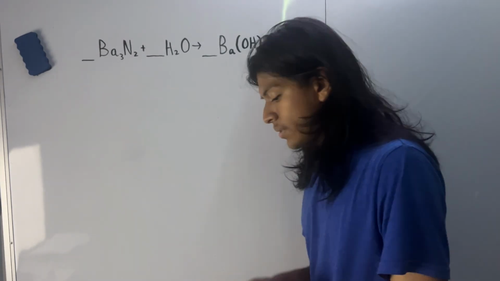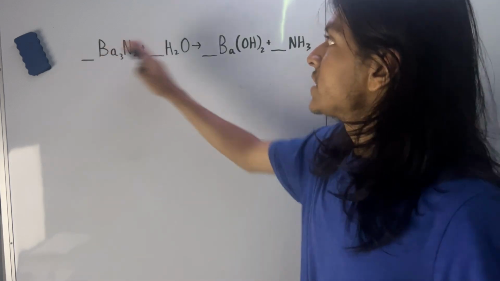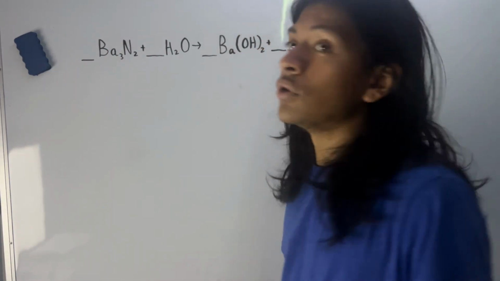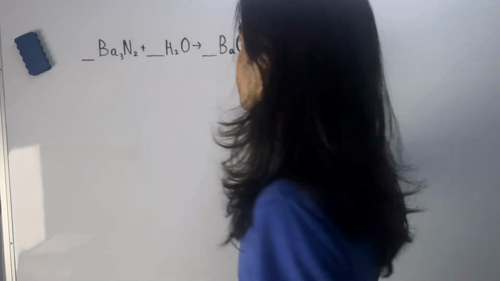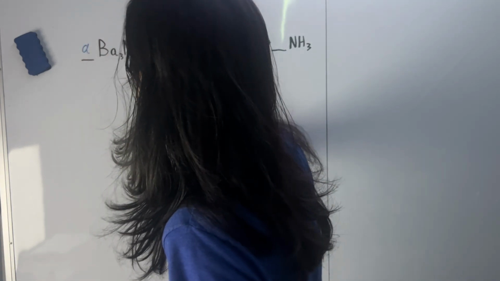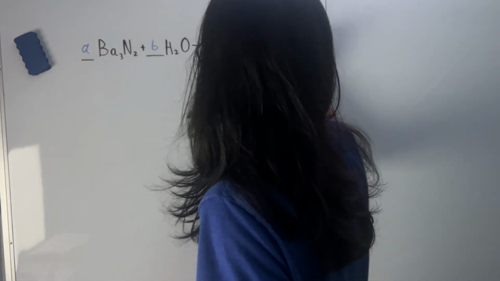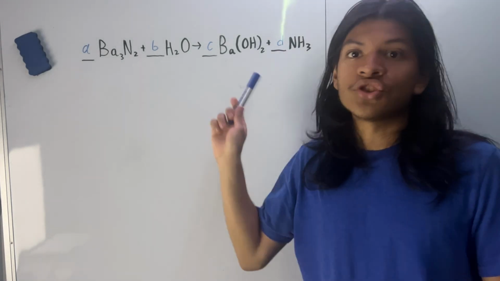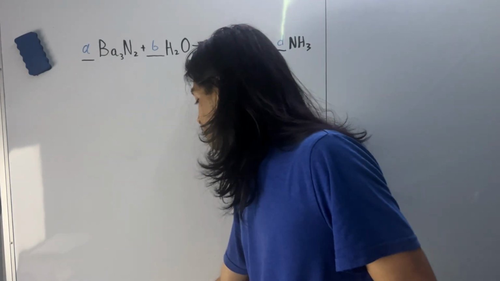So we do know that we're gonna have some number for each of these. So what we're gonna do is, instead of putting numbers in front and just trying to guess, we're just gonna label them as A, B, C, and D. So these are the unknowns that we're trying to solve for in the end.